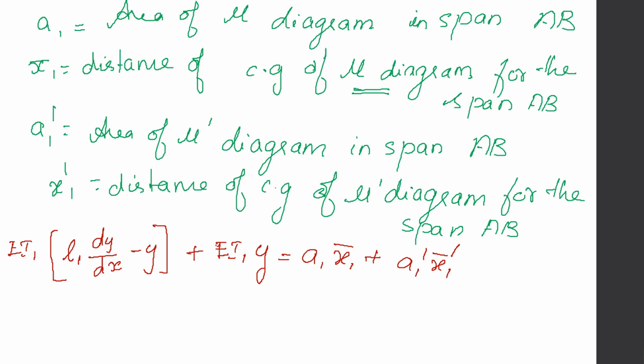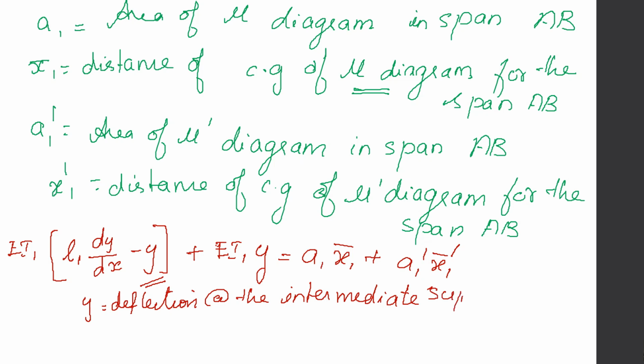Now this y is nothing but the deflection at the center support, that is the deflection at the intermediate support. The reason is that Clapeyron's theorem of three moments is applicable only for a two-span continuous beam.